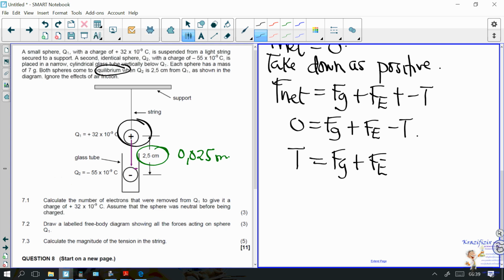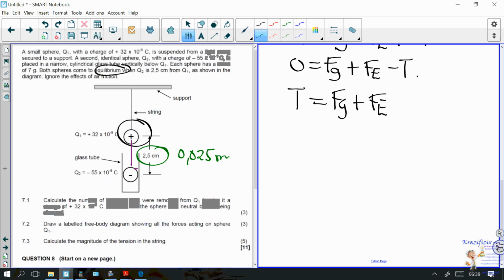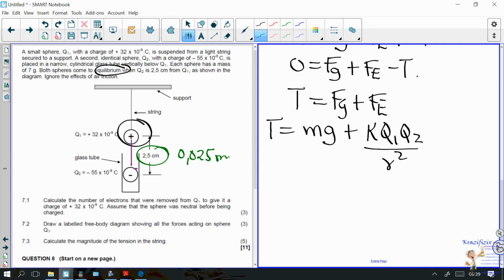Once you see this, it becomes easy, because now your T, what is my force of gravity? It's mg plus, now what is my electrostatic force? k Q1 Q2 over r squared. I hope that makes sense.